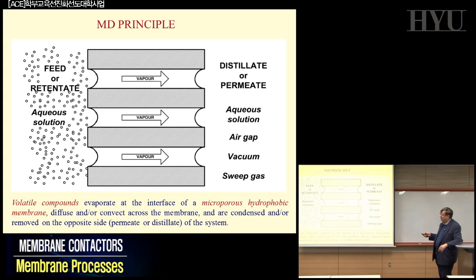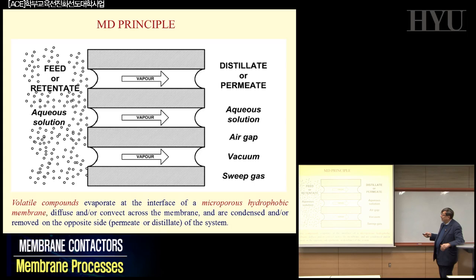Here, at this interface, some molecules of the liquid phase will evaporate and go into this empty pore. For these molecules in gas phase, no hydrophobic character can be defined, so they will go across.